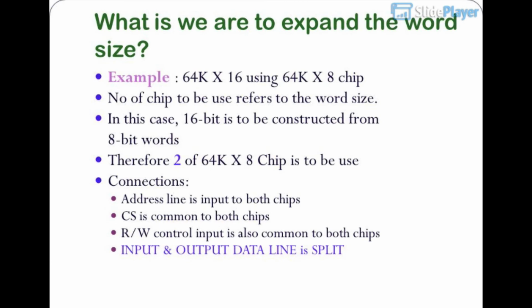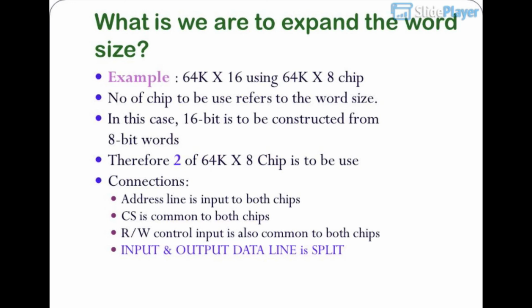What if we are to expand the word size? Example, 64K x 16 using 64K x 8 chips. The number of chips to be used depends on the word size. In this case, a 16-bit word is to be constructed from 8-bit words. Therefore 2 of the 64K x 8 chips are to be used. Connections: the address lines are input to both chips.